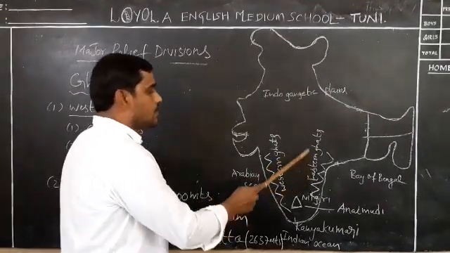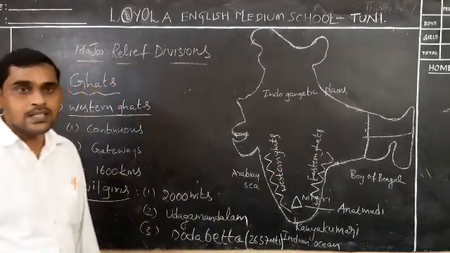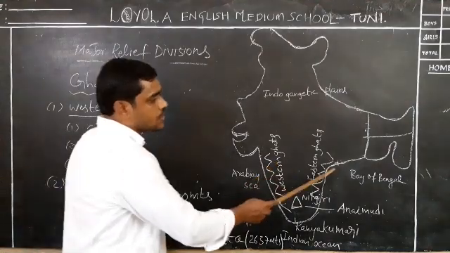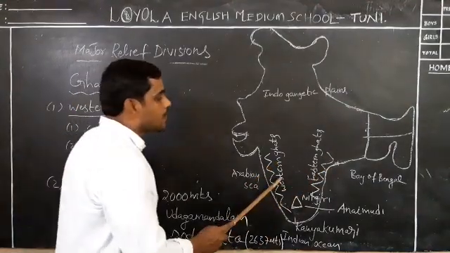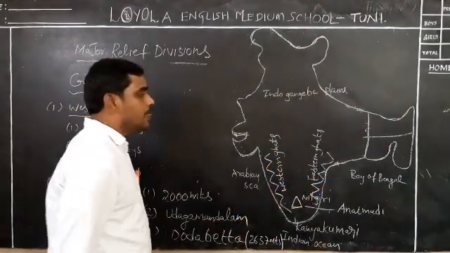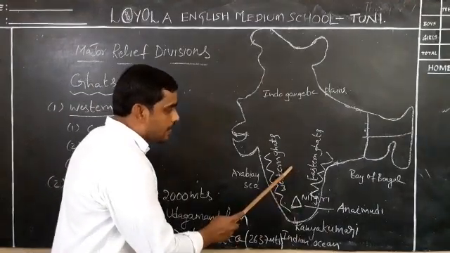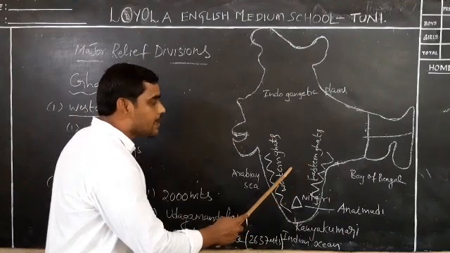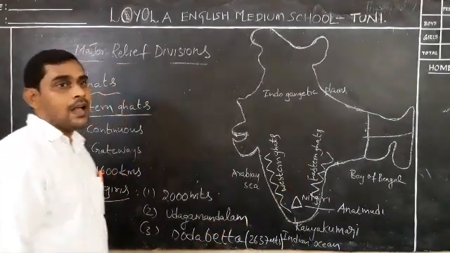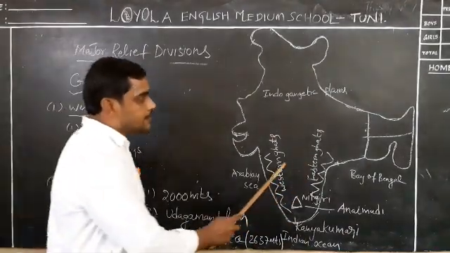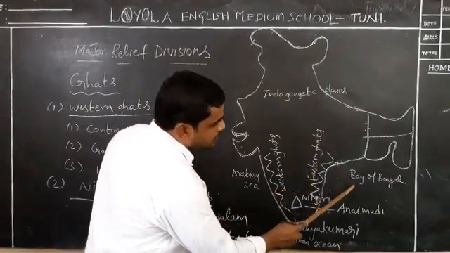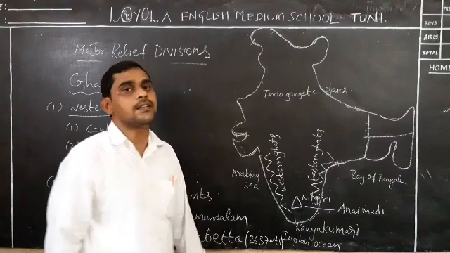These rivers flow from west to east. When flowing west to east, the rivers cut the plateau, cross the Eastern Ghats, and finally reach the Bay of Bengal.